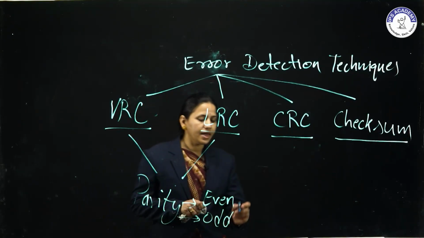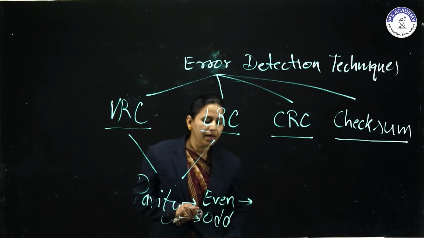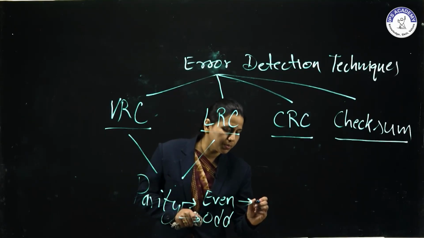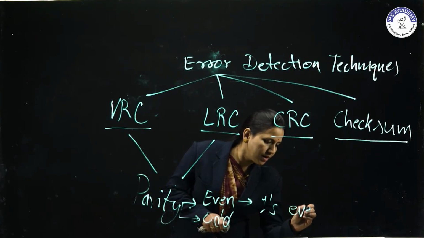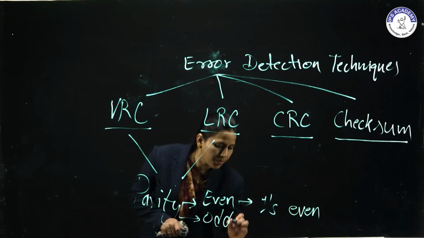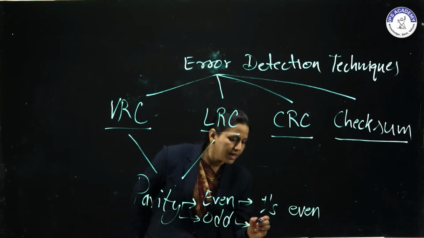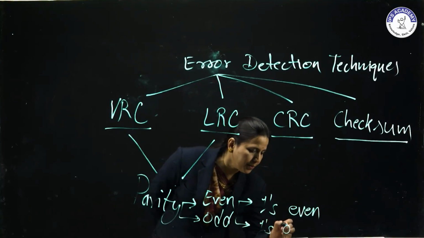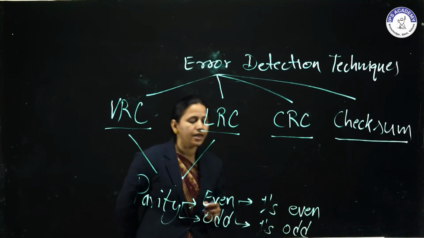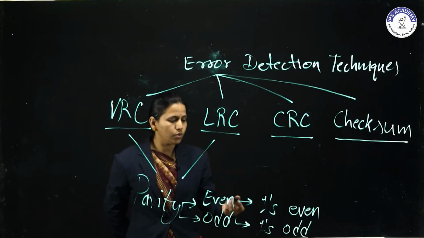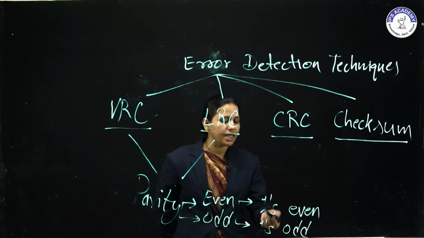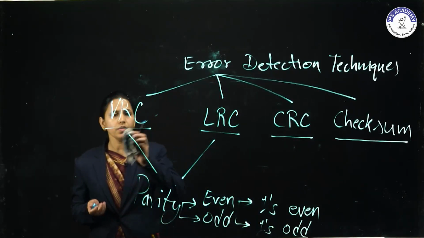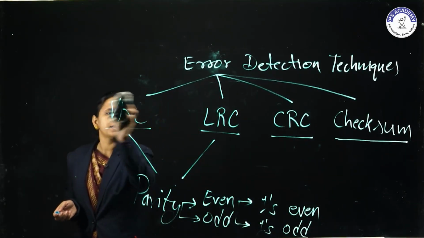In case of even parity, the number of ones should be even, and in case of odd parity, the number of ones should be odd. We can use the same concept of even and odd parity in the case of zeros also. So we start from VRC.